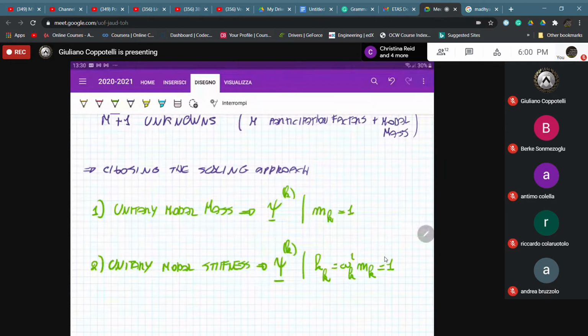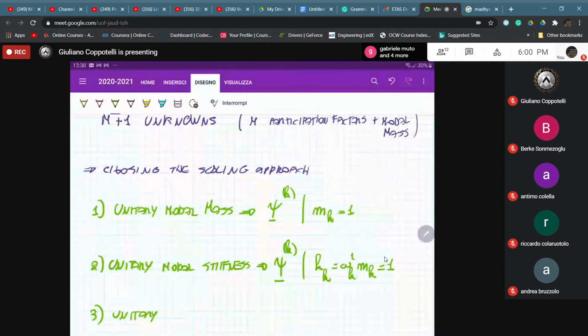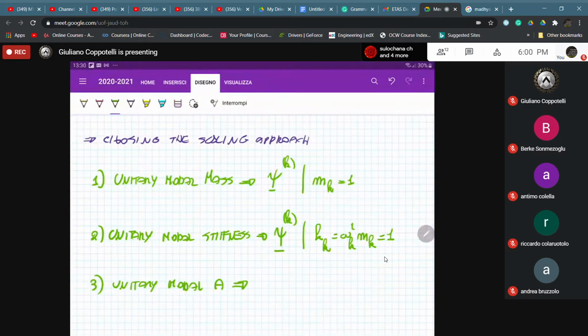And therefore, once again, we have the information to find out the components of your K mode. Third condition, the unitary modal A. It is called modal A because we are choosing all the components of your K mode so that your AK that we have just defined is equal to 1.